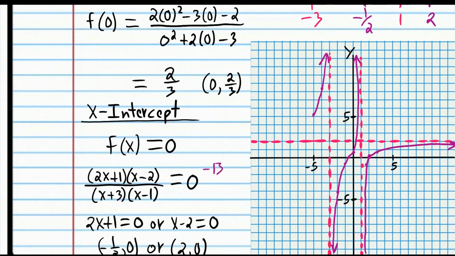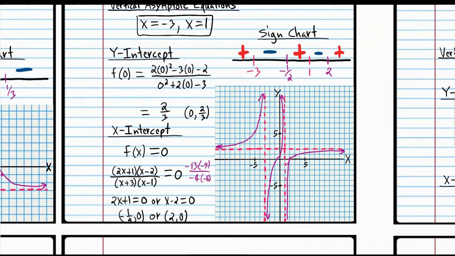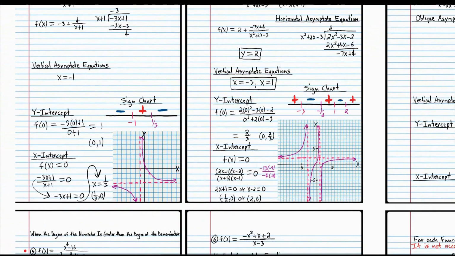And we get -13 times -9 over -4 times -8. So you can use your calculator to help you. That's 117 divided by 32, which is 3.65. So that's about there. And we could plot some other points to be more accurate, but that's probably good enough.